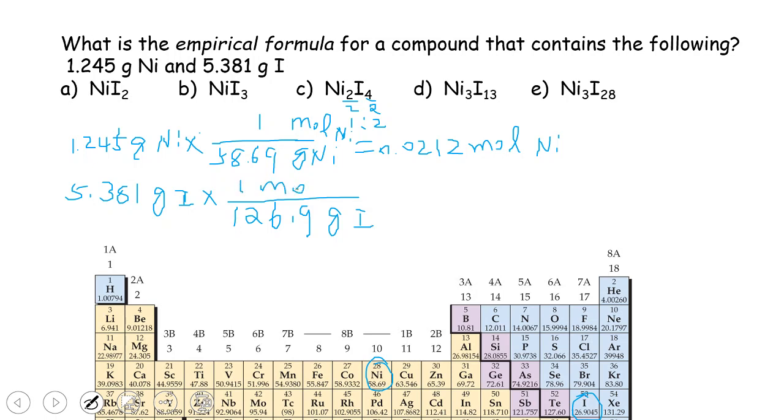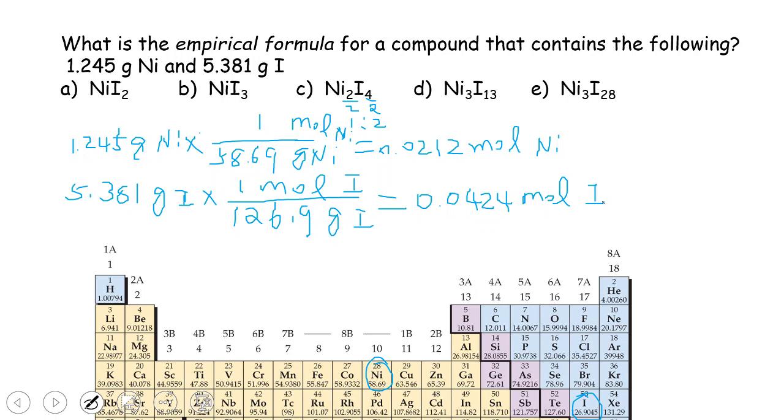And converting to 1 mole of iodine on top. So the answer is 0.0424 moles of iodine.